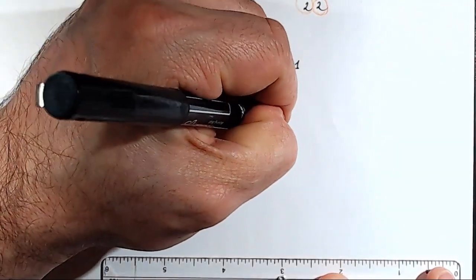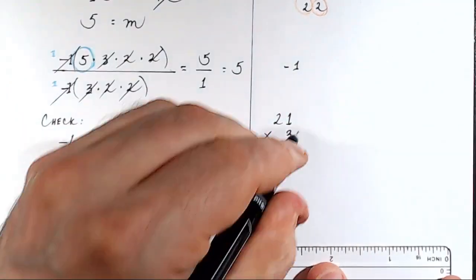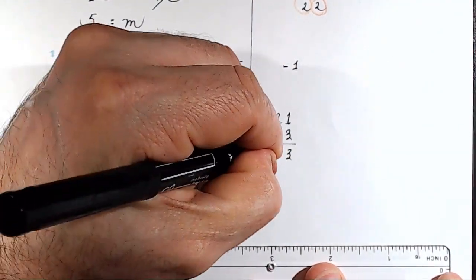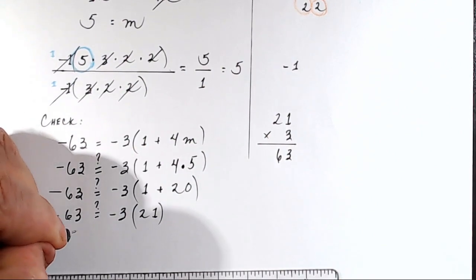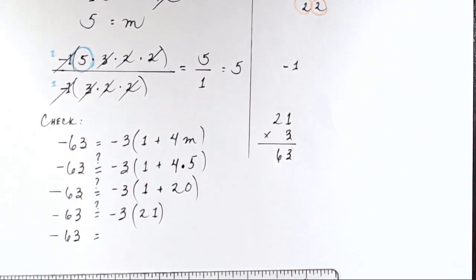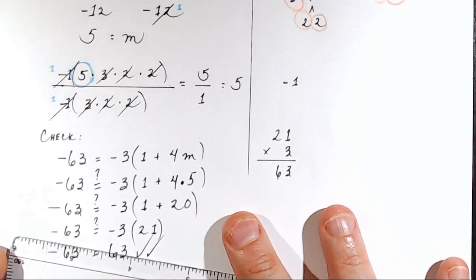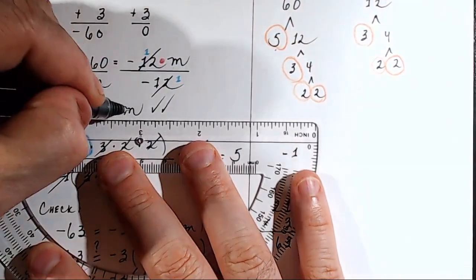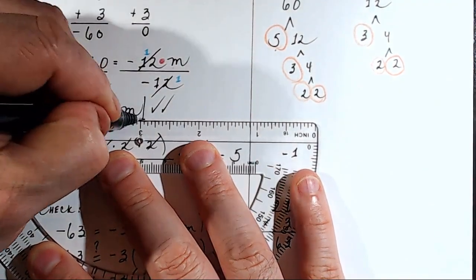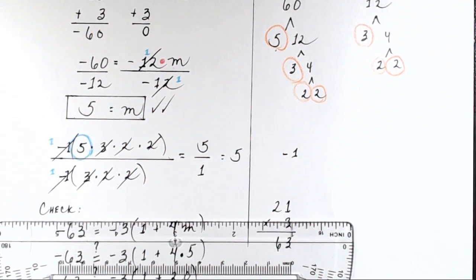And if you don't know, let's do the math. 21 times 3. Okay, 1 times 3 is 3, 2 times 3 is 6, so 21 times 3 is 63. And now I can write negative 63, no question mark this time, just equals negative 63. So I've proved that I'm right, and up here I am certain, so I'll put double checks everywhere and put m equals 5 in a box. Okay, and again, it doesn't matter if m equals 5 or 5 equals m, it's the same thing.